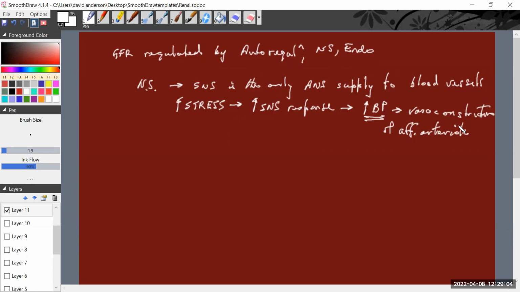Now, somebody mentioned that the adrenal medulla is also going to produce epinephrine, and that's going to give us generalized vasoconstriction through the system to raise blood pressure. But again, what that's going to do at the kidney is cause vasoconstriction of the afferent arteriole to regulate the flow through the glomerulus.